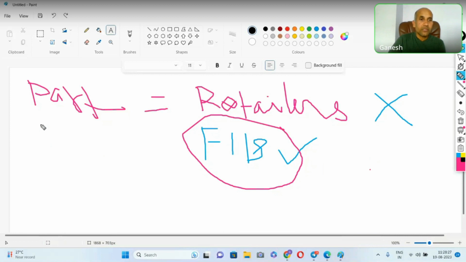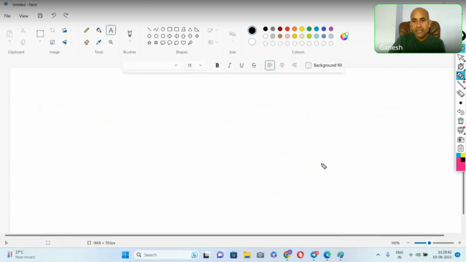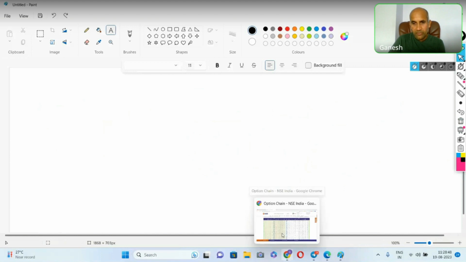Okay, so we understand who the participants are, we understand who the retailers are, means you and I. We understand institutions and FIIs. What do they do? Now let's see open interest. Where do you find open interest?